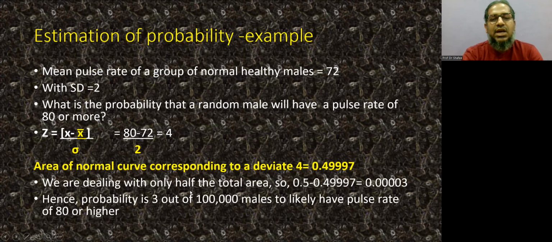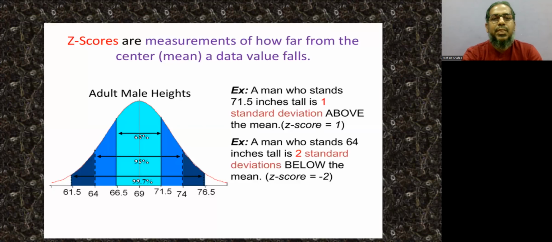We are dealing with only half of the total area, so we have to subtract 0.499 from 0.5. It comes to 0.00003. It means that the probability is 3 out of 1 lakh males likely to have a pulse rate of 80 or higher. Like this we can estimate the probability or chance of occurrence of a particular observation.